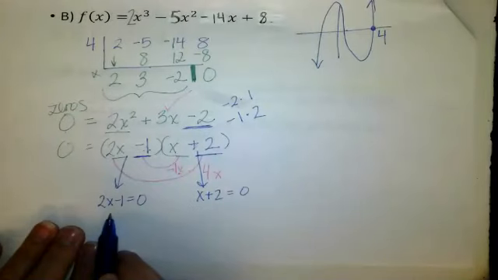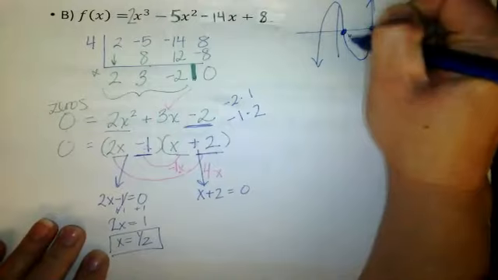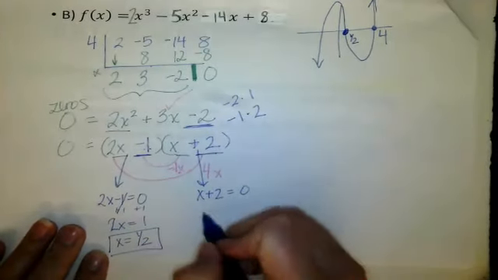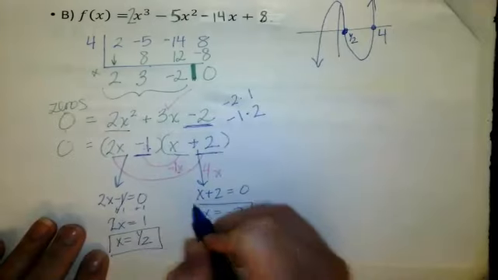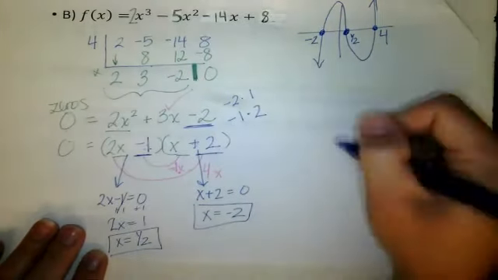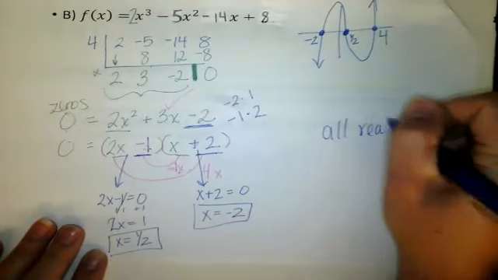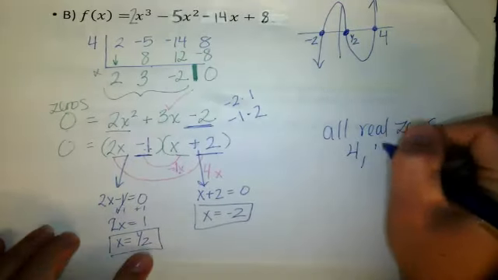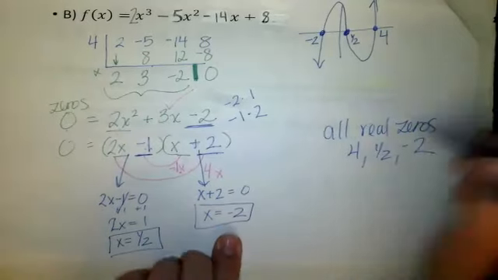So I get 2x equals 1, and then divide by 2, we get x equals 1/2. That makes sense with the sketch, since it was right in between 0 and 1. Over here, we subtract 2 and get x equals -2, exactly what we thought at the beginning. So all the real zeros are 4, 1/2, and -2.